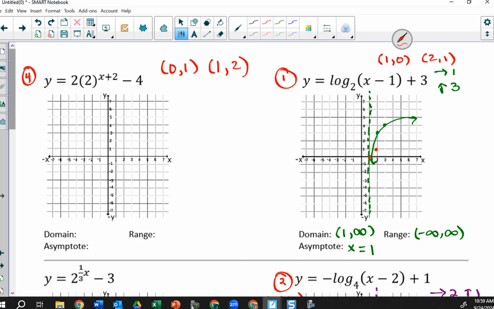Deal with the 2 out in front before you shift. Yeah, there's a lot of 2's. The 2 in parentheses is the base.